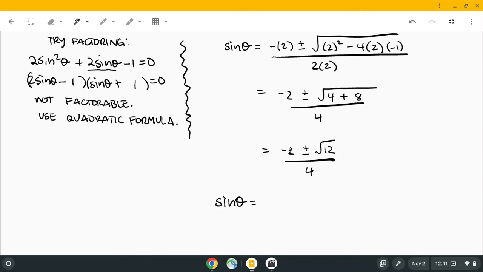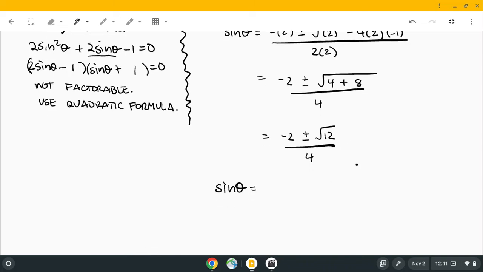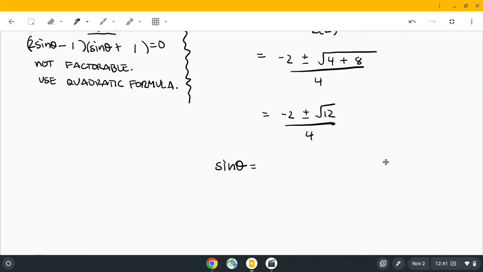And when I do -2 minus square root 12 divided by 4, I get another answer. So I put both those answers here: sine theta equals -1.366, and the other one, sine theta equals positive 0.366.